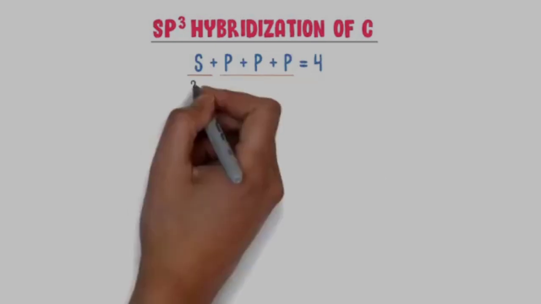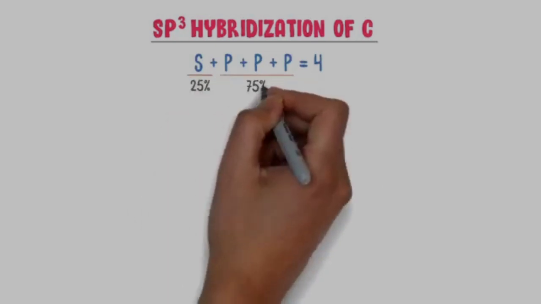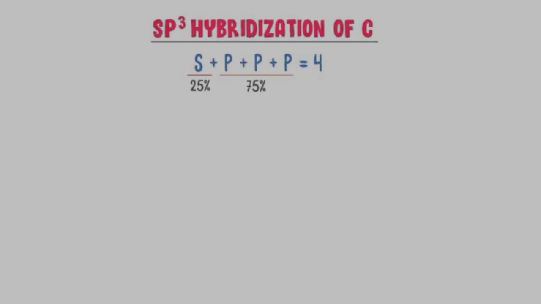sp3 hybridization means that in this mixture of atomic orbitals, there is one s orbital and three p orbitals. So there are total 4 orbitals present in sp3 hybridization. There is 25% s character and 75% p character present in the sp3 hybridization.